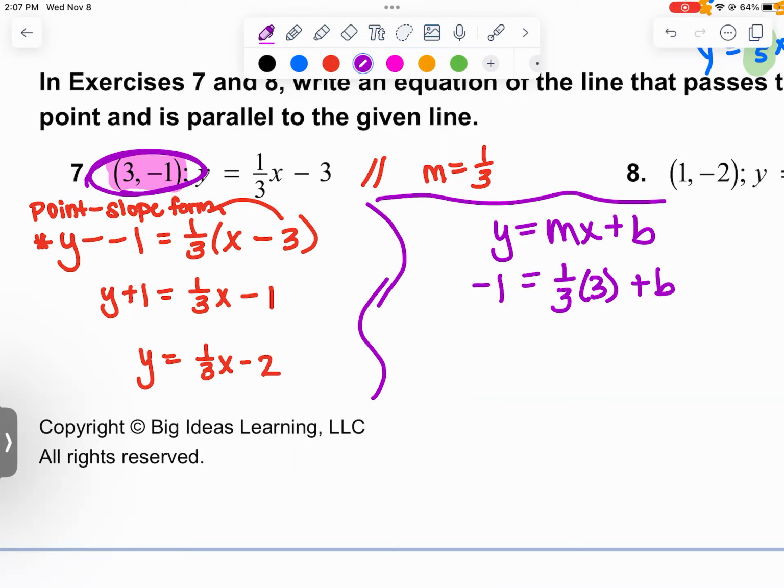So what I'm going to do is I wrote y equals mx plus b. I plugged in my slope. I plugged in my point x comma y. And now watch what I can do. What's 1/3 times 3? 1. So what does b equal?